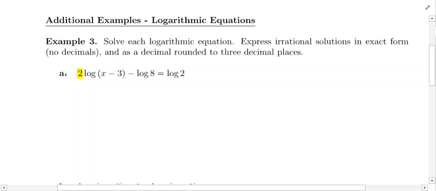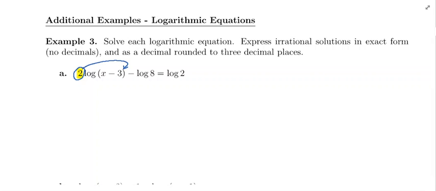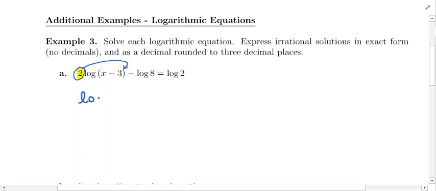So you need to get this 2 out of the way. If we have a number times a logarithm, we are allowed to take that number and move it up as the power on the quantity we're taking the logarithm of. So this is going to be log of x minus 3, that quantity squared.